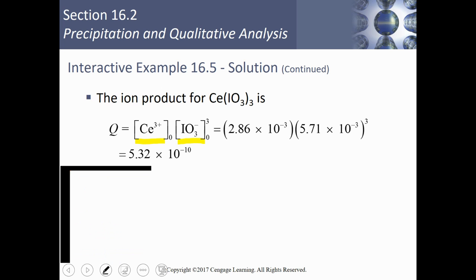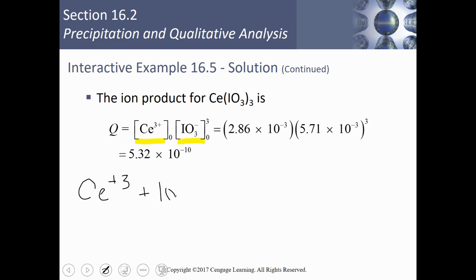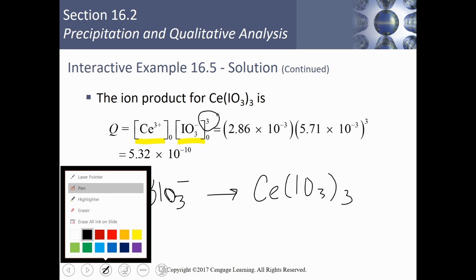If we go back, because I didn't really set up an equation here, for the insoluble salt of cesium plus 3 and iodate minus 1, remember we drop those charges to the subscript, so you're really going to end up with this as your insoluble salt. To balance that iodate, that's why they have that 3 there. So that 3 gets turned into that power here.